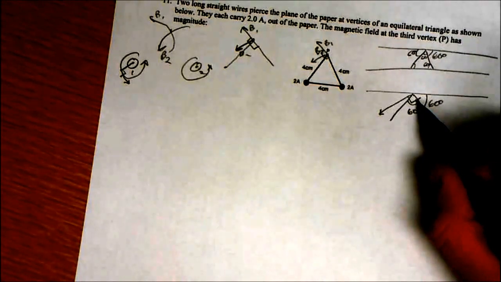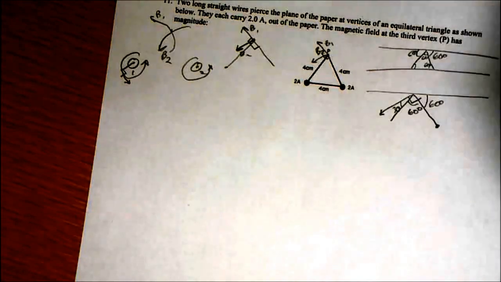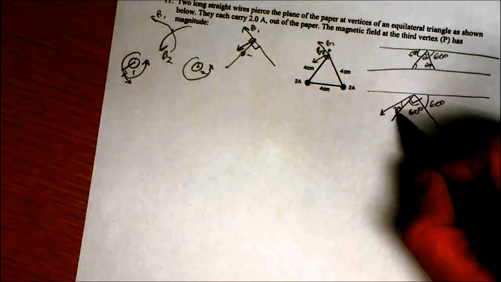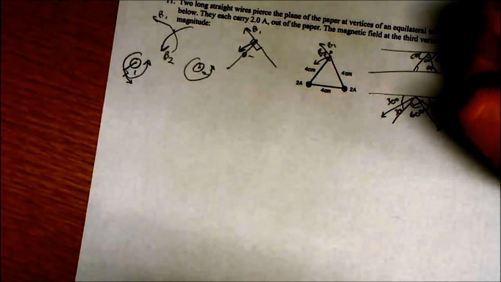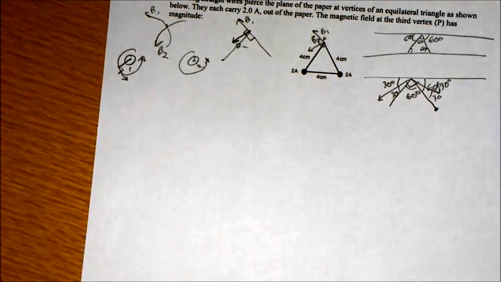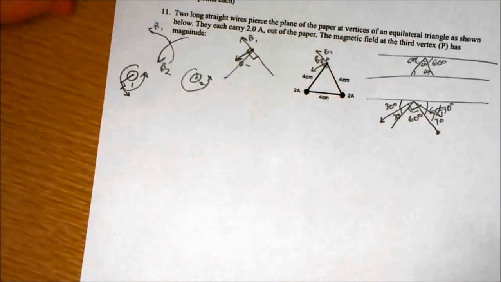The triangle itself makes a 60-degree angle, and then this magnetic field, which we said is at right angles. Remember, a right angle is 90 degrees. That's 60 plus something equals 90, so this must be 30 degrees. 60 plus 60 is 120, plus 30 is 150, so this must be 30 degrees as well. And when you draw the other magnetic field, then it's going to be 30 there too. I didn't draw the angles very accurately, but the reasoning is sound.